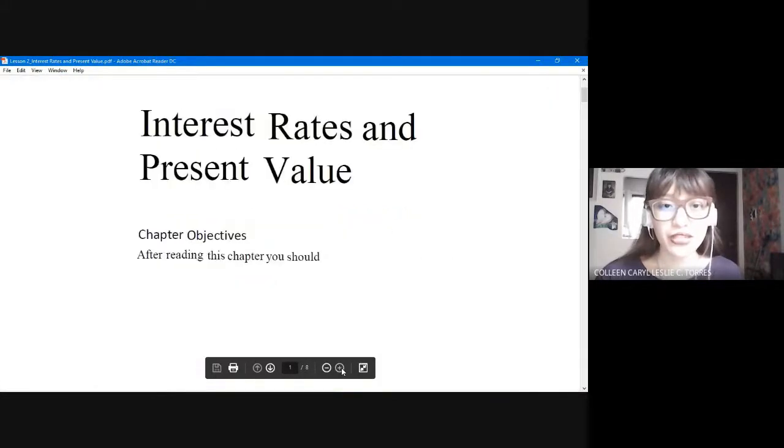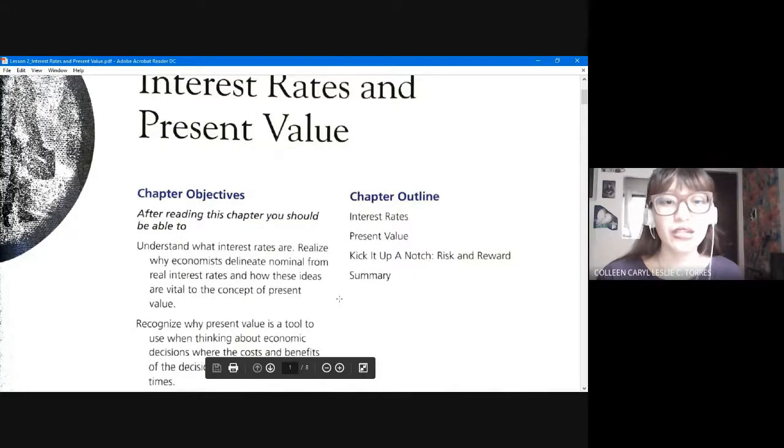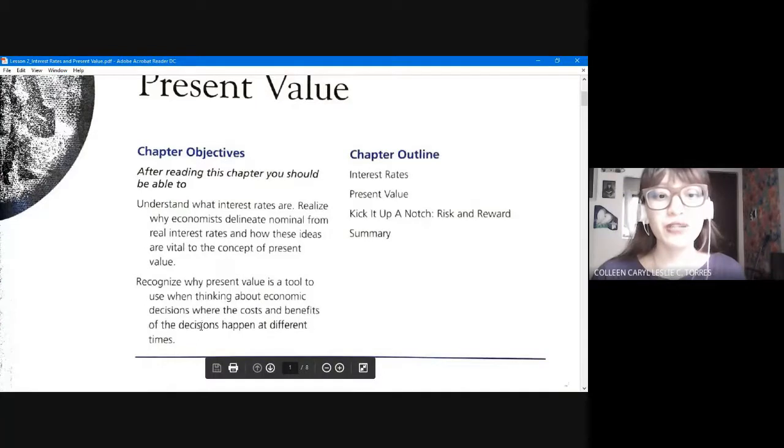So our objective for this lesson is for you to be able to understand what interest rates are. That's the first thing that we are going to go through. Then recognize why present value is a tool to use when thinking about economic decisions, where the costs and benefits of the decisions happen at different times.